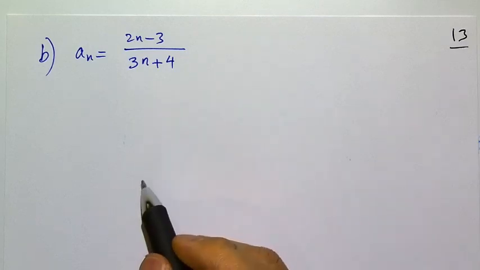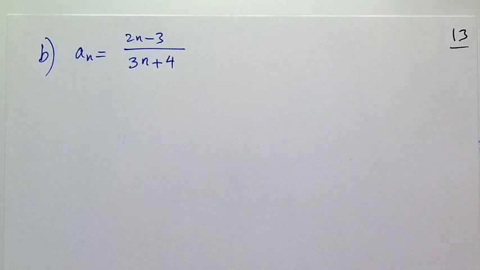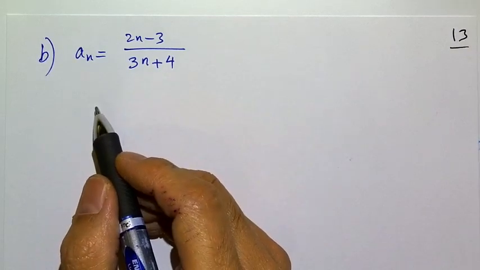Okay. So again, please pause the video if you haven't already, and work on this for 10 to 15 minutes and see whether this is decreasing, is it increasing, is it bounded? Answer those questions and then come back to the video again. Okay, so I'm assuming you've done that.